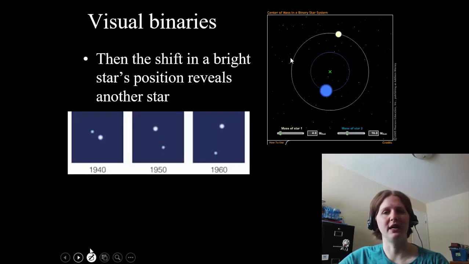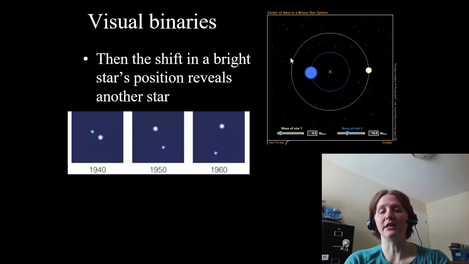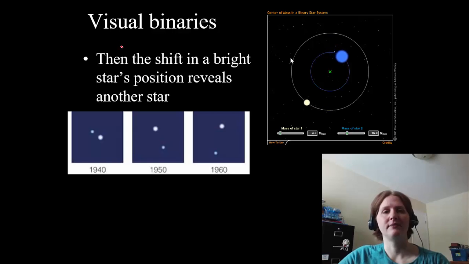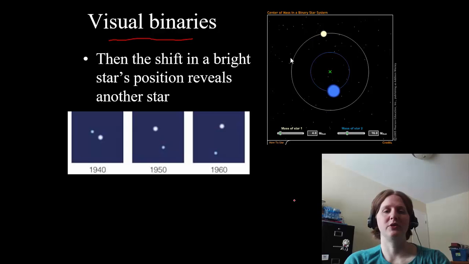There are 3 ways that we look at binaries. The first one is called the visual binary. Basically, that means that you can see the stars, and you can watch them orbit each other in the sky. Here's a picture from 1940 of a visual binary.